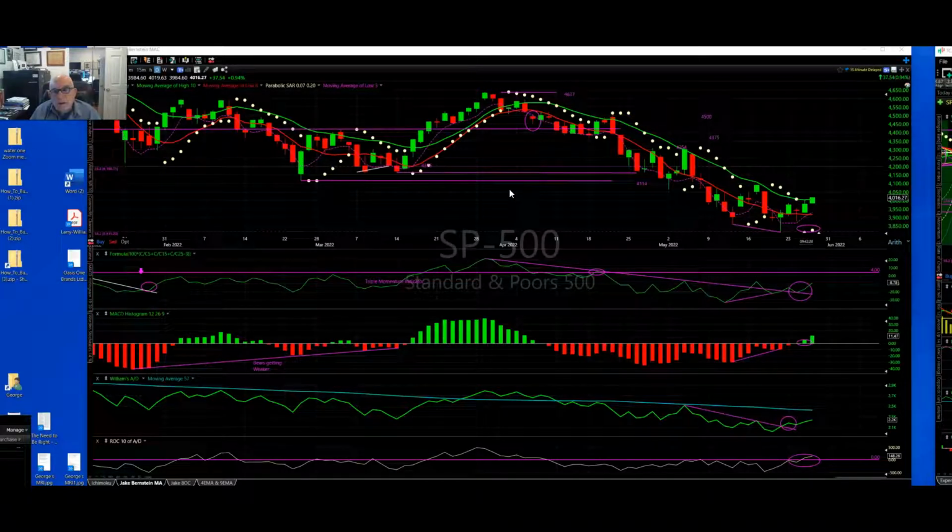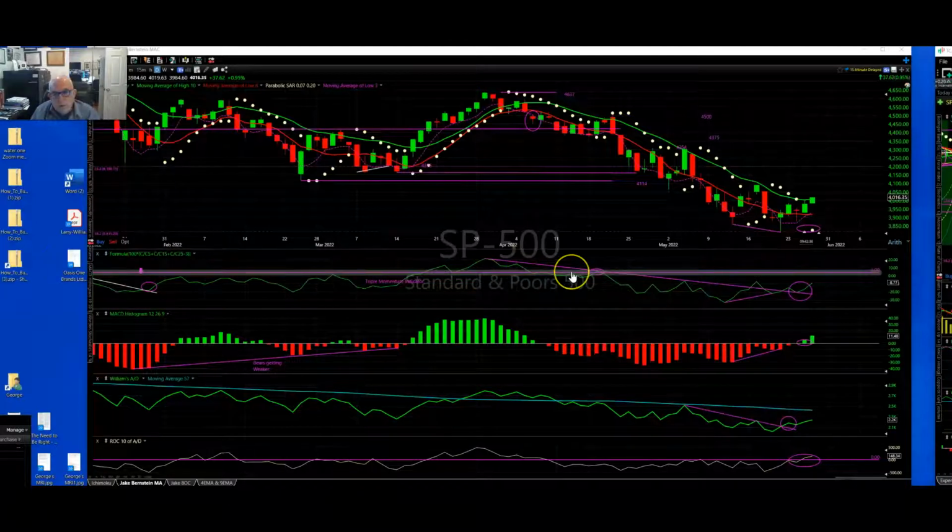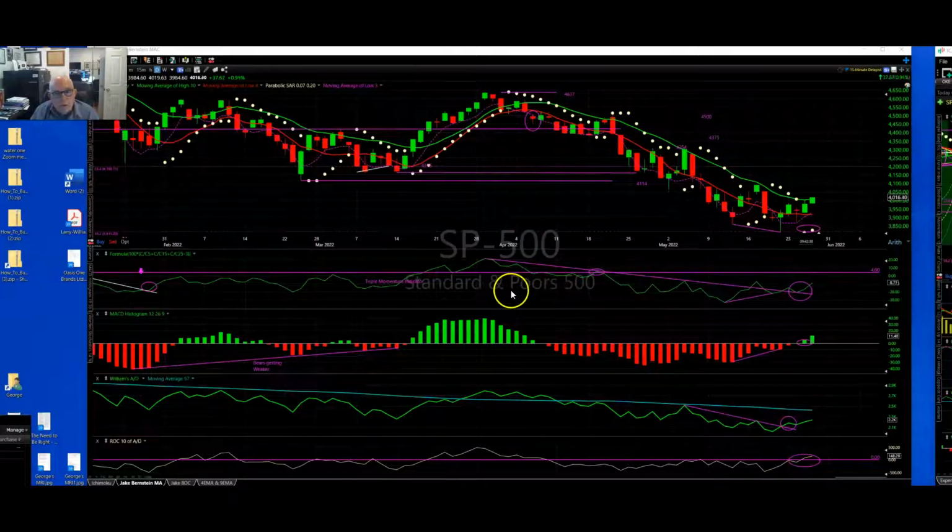Let's see, what else do we have? That's about it. Now, he does not use this triple momentum indicator, but I want to discuss it. I use it on my other charts. MACD he doesn't use in this approach, but I want to show you MACD and what it's indicating right now.